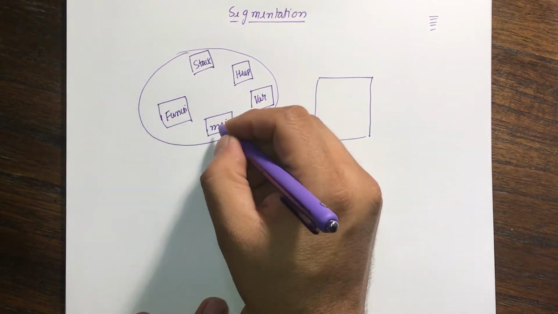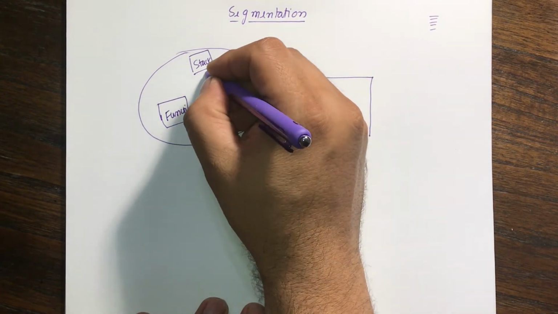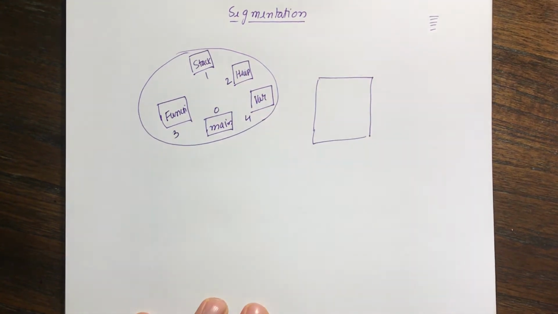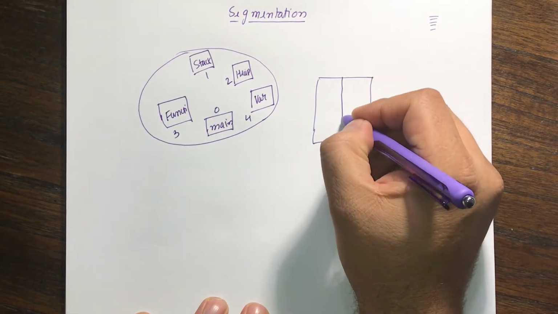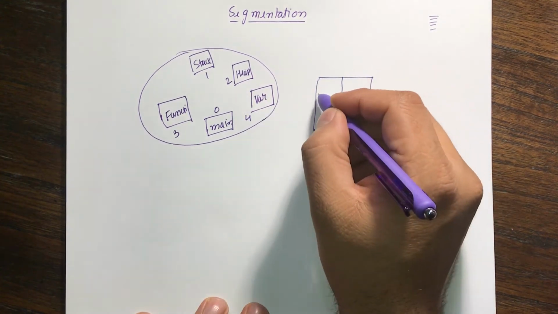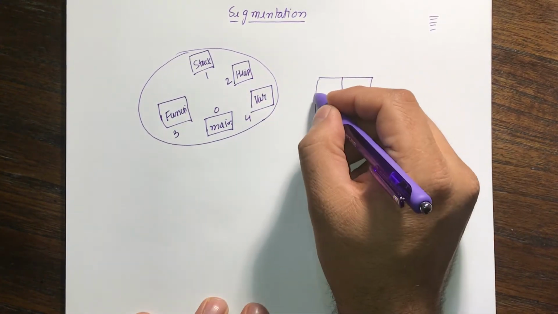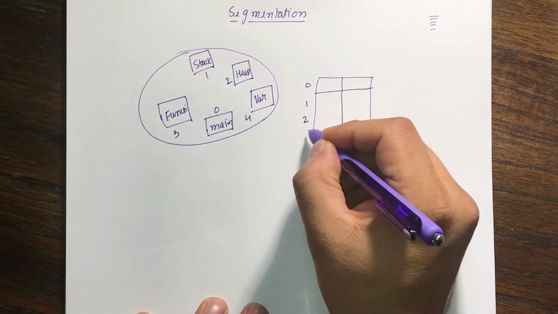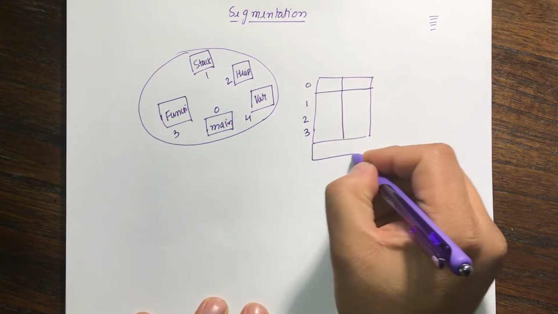Let's say this is segment 0, segment 1, segment 2, segment 3, segment 4.